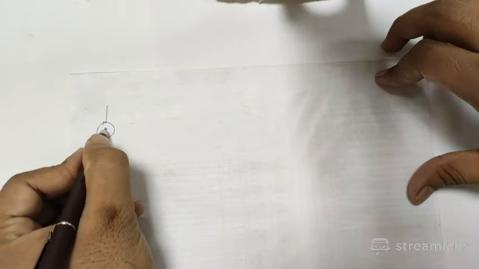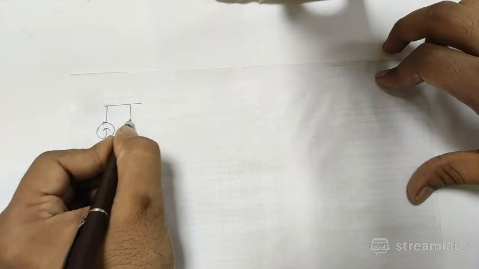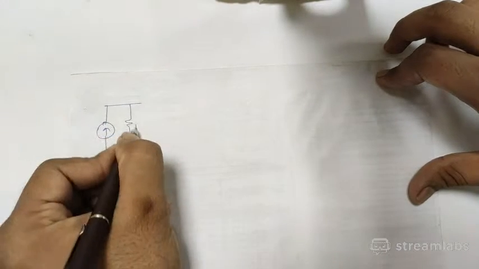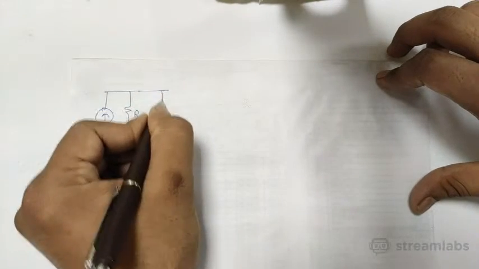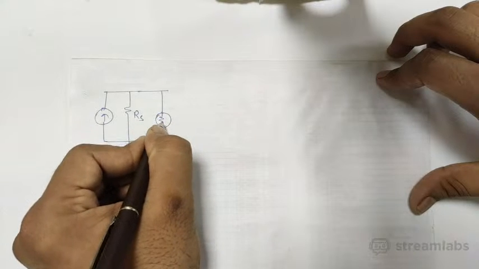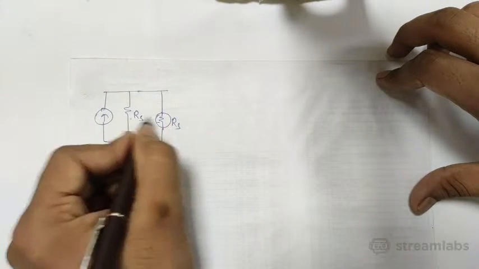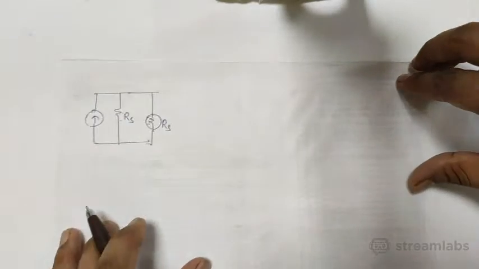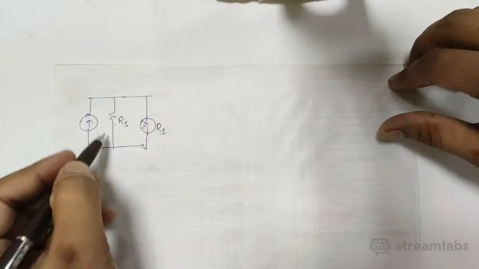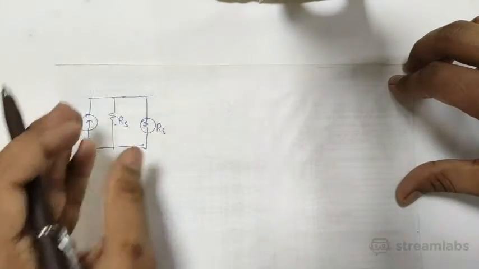Similar to this, I can also do it for current sources. In a current source there is a source resistance in parallel to it. So if I connect minus RS in parallel to this, RS and minus RS will cancel each other, and it will show infinite resistance.